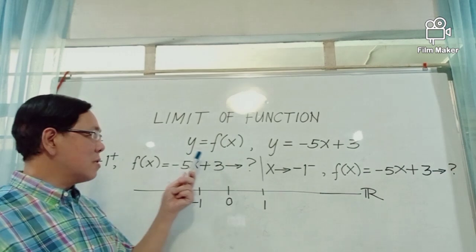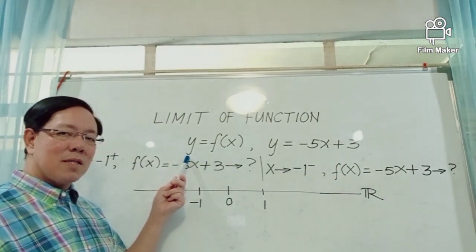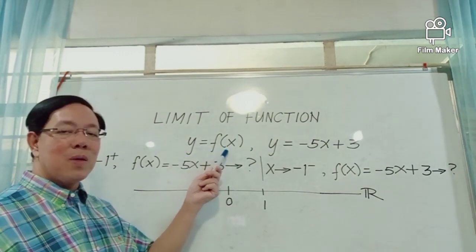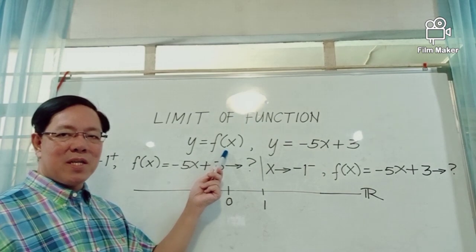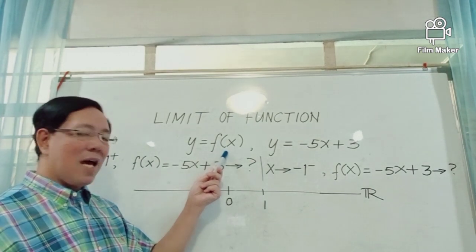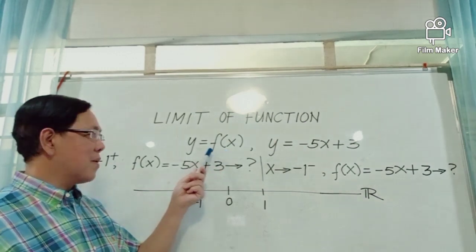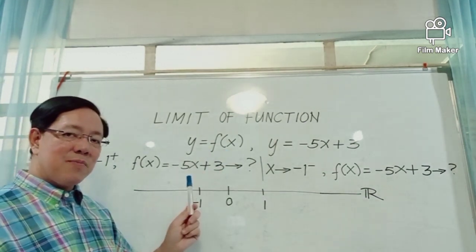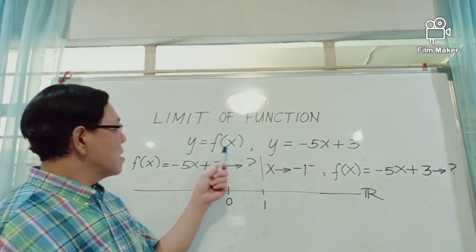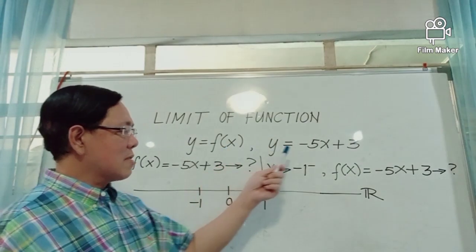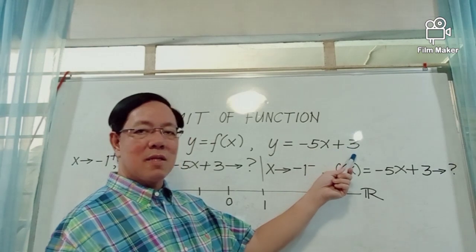In this notation, the variable y is the dependent variable and it is a function of the variable x, and the variable x is called the independent variable, which means that x can be assigned any value on the domain of the function f. Specifically for our investigation, we take f of x as equal to negative 5x plus 3.